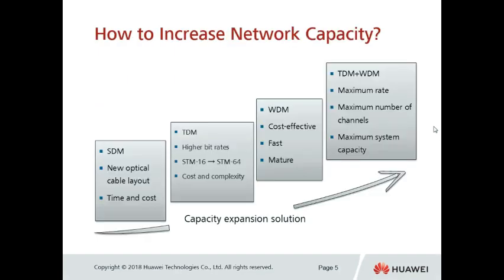Okay, I think before we learn the WDM technology, we always have a big problem for all our network. That is how to increase the network capacity. That is always the problem for all networks, because the requests become bigger and bigger. Right? A few years ago, we used iPhone 3, which only used the 2G network.